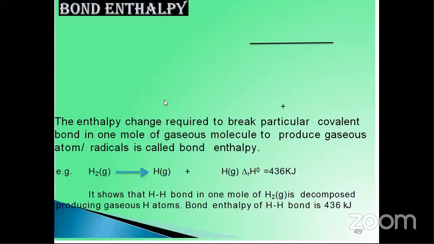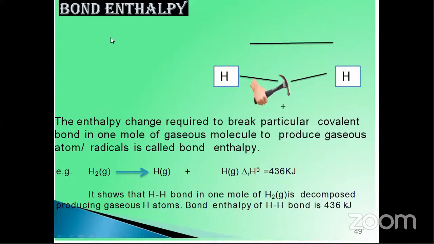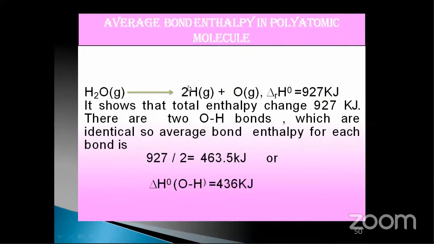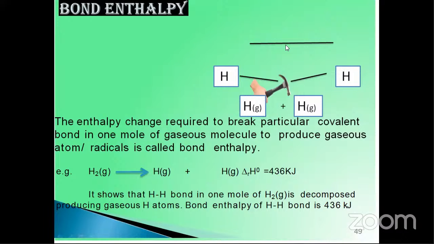See the bond enthalpy. What is bond enthalpy? When any bond is broken, suppose this is the bond between the two atoms of hydrogen and it is broken, then two hydrogen atoms will get separated in the gaseous state. This is one hydrogen atom and this is another hydrogen atom.